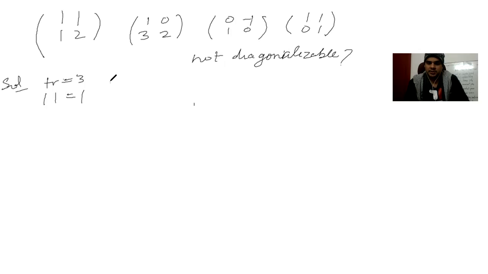Let's see what the case is. Trace is 3, so lambda 1 plus lambda 2 is 3, and lambda 1 into lambda 2 is 1. Find lambda 2 from here, 1 by lambda 1. So lambda 1 plus 1 by lambda 1 is equal to 3. So lambda squared minus 3 lambda plus 1 is equal to 0.